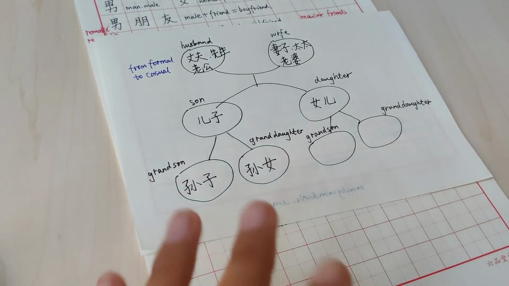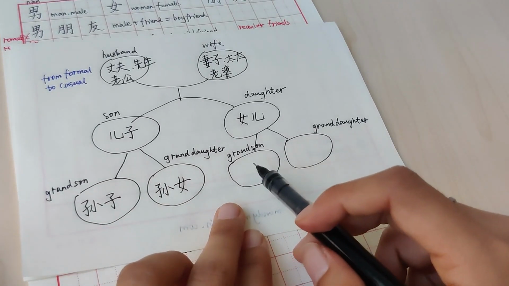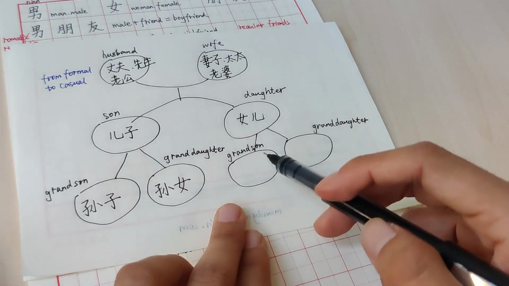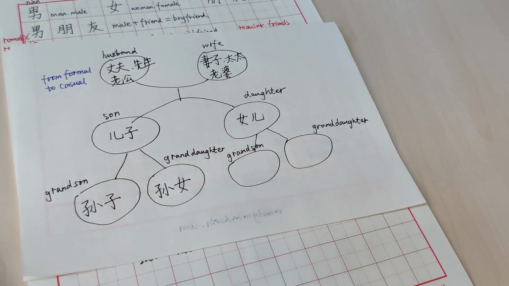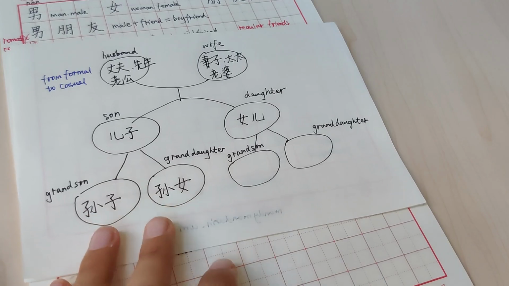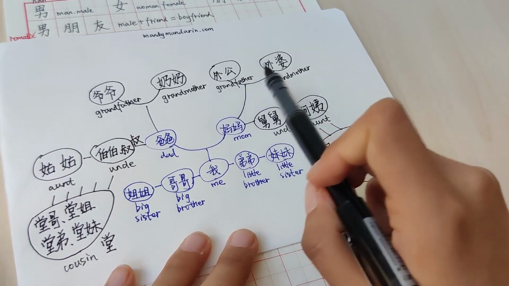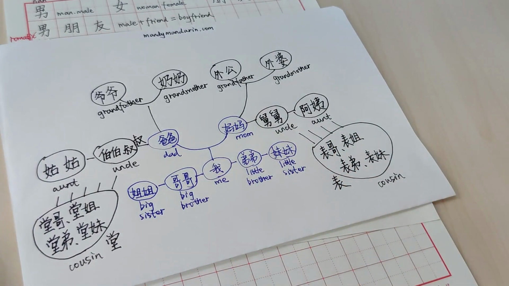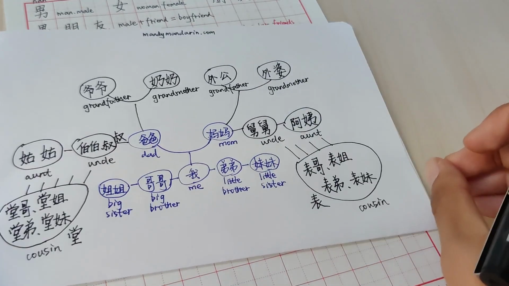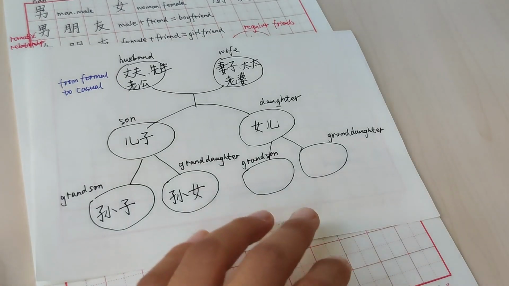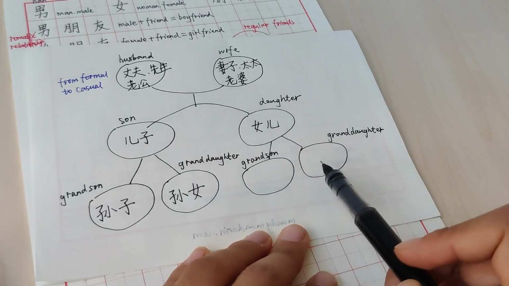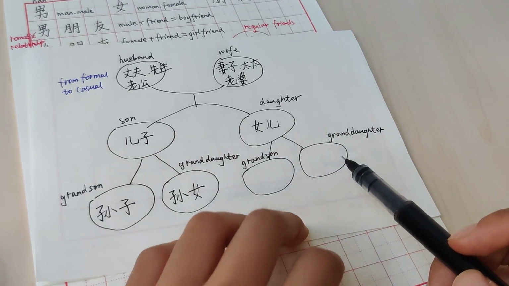Okay, and now let's take a look at the grandson and granddaughter from the daughter's side. So remember in the last video when we talked about 外公外婆, the woman's family is the outside and the man's family is the inside. Yeah, and this logic applies to the grandkids from the daughter's side.